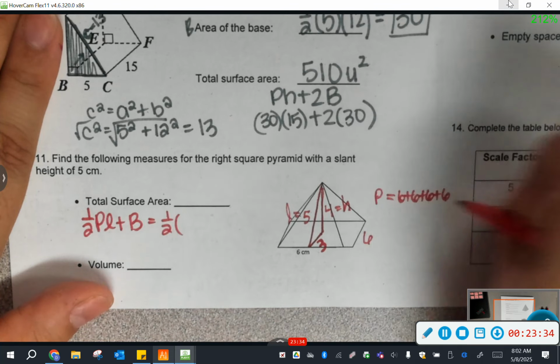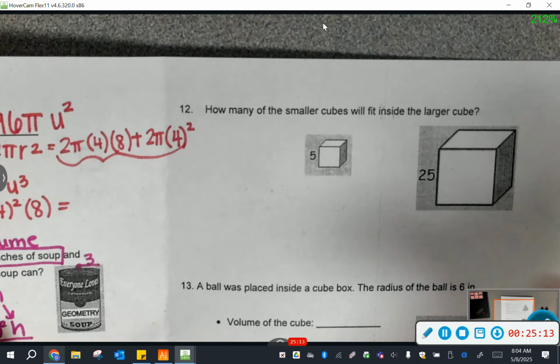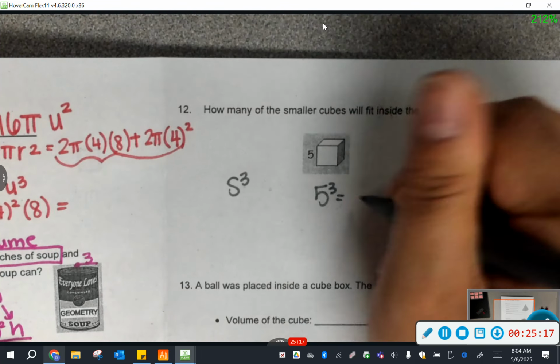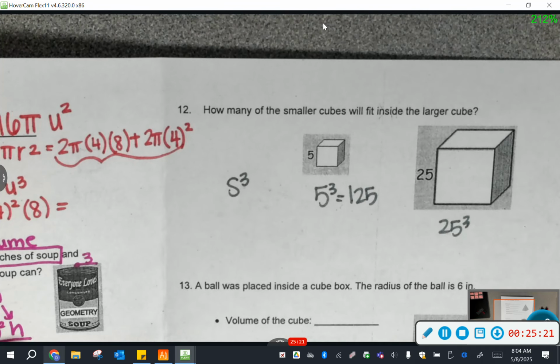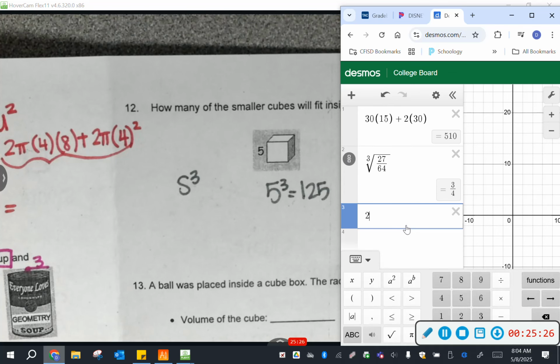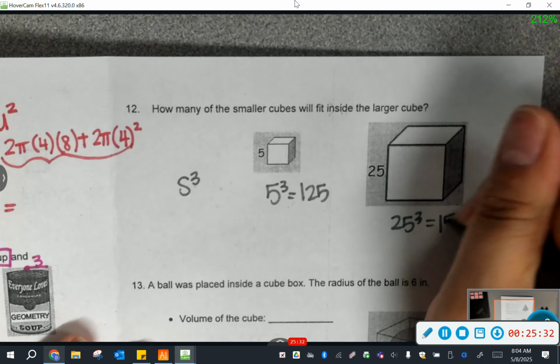Oh, one more thing. What is the formula for a cube? It's S cubed. So what is 5 cubed? 125. What is 25 cubed? 25 cubed is 15,625.